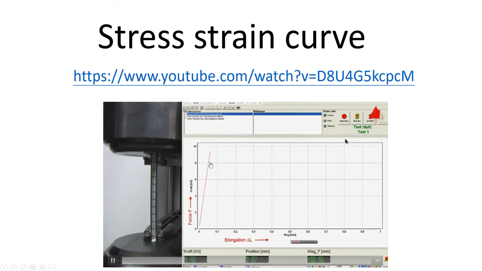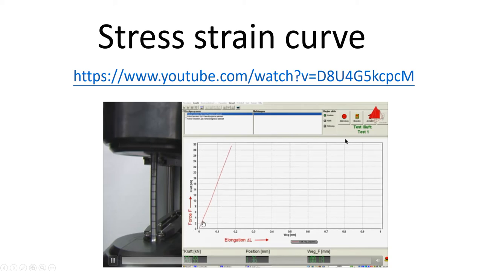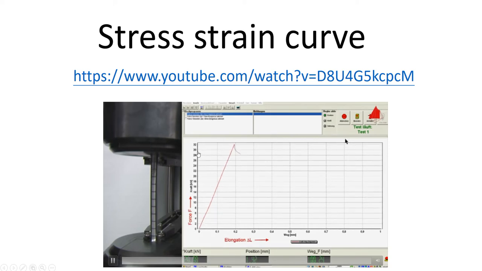In this area, the material behaves elastically. If the test piece were to be unloaded from this area, it would spring back completely to its original length. In materials with yield point phenomenon, the end of the elastic area can be seen clearly. The plastic deformation starts abruptly and is accompanied by a sudden drop of force.